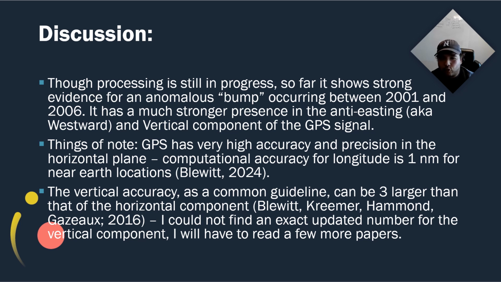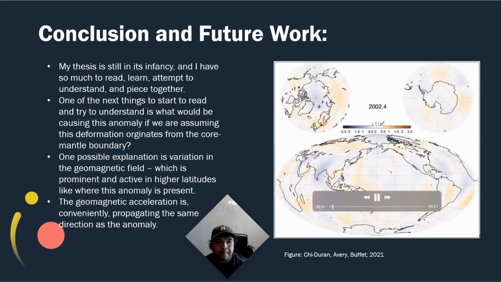As a general rule, the vertical accuracy as a common guideline can be 3 times larger than that of a horizontal component, though that was just expressed as a general guideline by Blewett, Kramer, and Hammond in a paper they wrote in 2016. I couldn't find an exact number for the vertical resolution of GPS signal, but I do know it is less than that of the horizontal component.